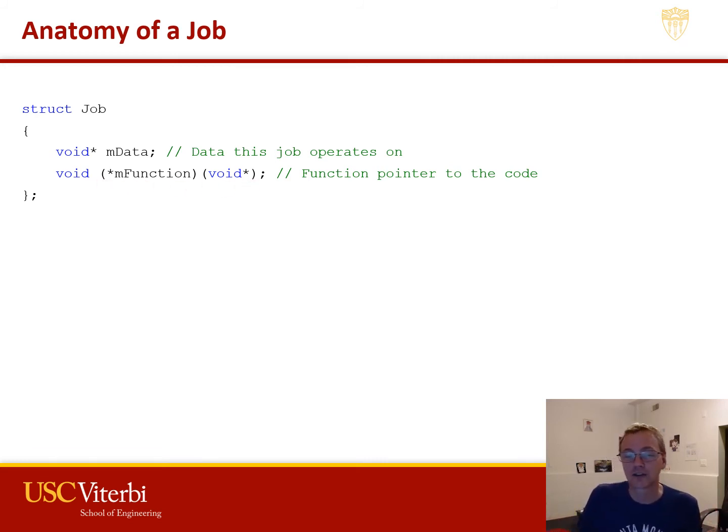So that's all this is saying. So just take the address of a function, I'm going to stick it here, and I'm allowing to pass in one void star argument into this function, and here it is. It'll be called data. So this is a C style implementation, very old school implementation of what a job might be.